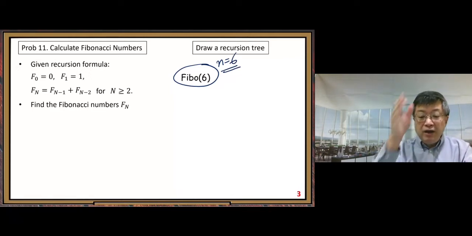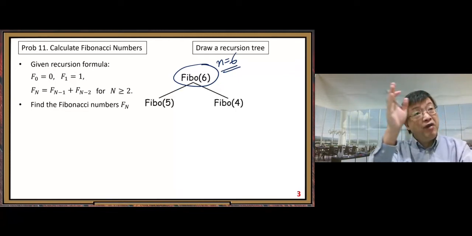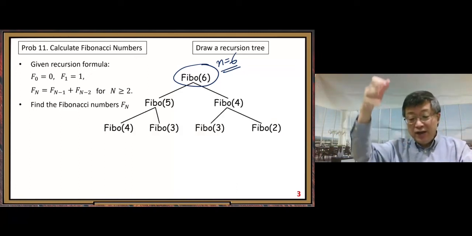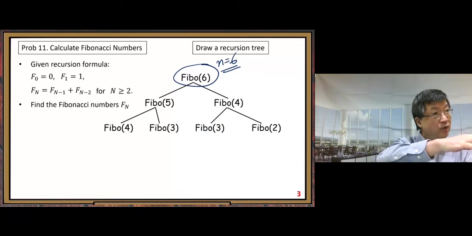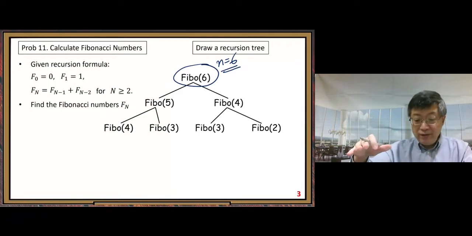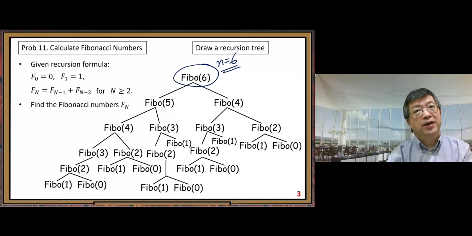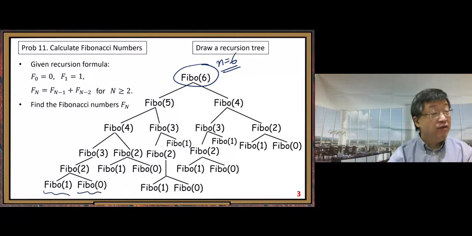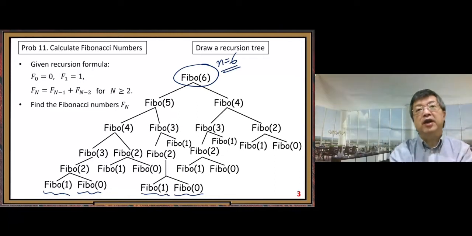In order to find Fib of 6, you need Fib of 4 and Fib of 5. Then recursion, right? So we go down our tree level by level. Then, because we have the values at the bottom level, Fib of 0 and Fib of 1, we can move up to do the calculation and get the final answer.